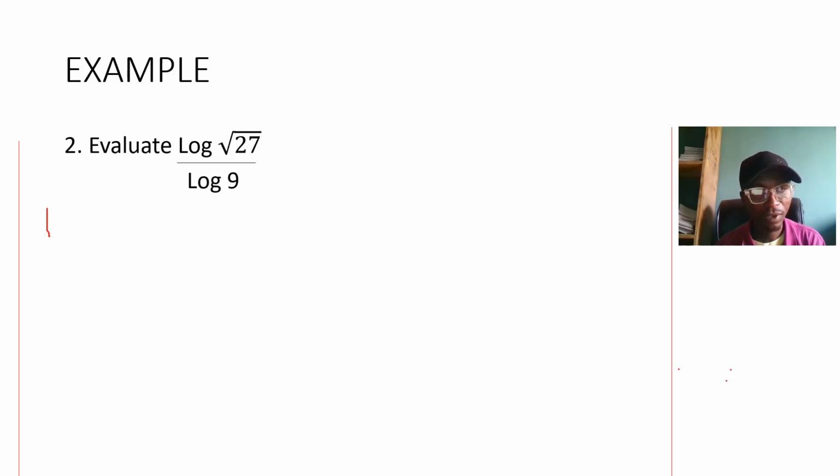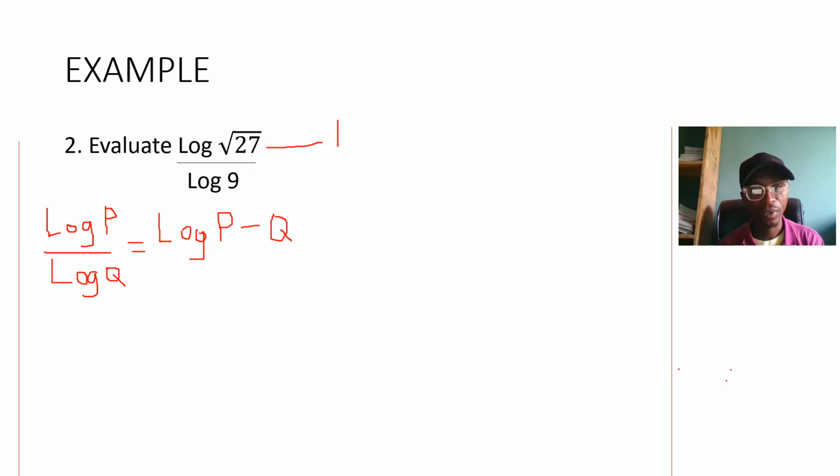The quotient rule of logarithm states that if you have log p divided by log q, that will be equal to log p minus q.